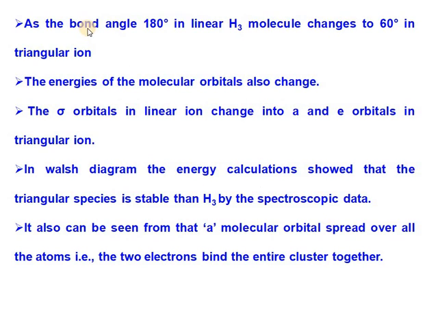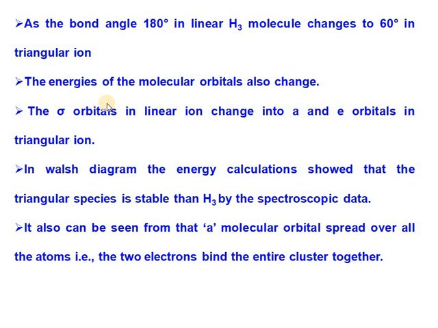So as the bond angle changes, the linear molecule has a bond angle of 180 degrees, like the linear H3 molecule, and we can bend those molecules. The bond angle can change to 60 degrees in the triangular ion.